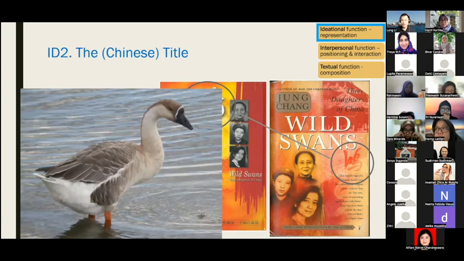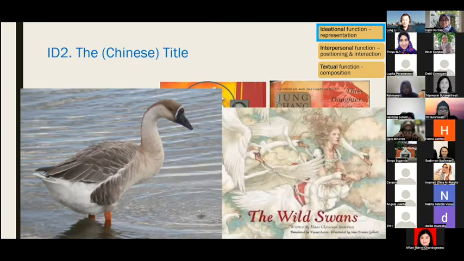That's an image of a goose or swan goose. And sometimes people say that the word goose suggests silliness in English. So maybe that's partially why, but of course that's not the only reason, you can always try a different title if you don't want to call yourself goose. Right? But the image of swan or wild swan is very different.